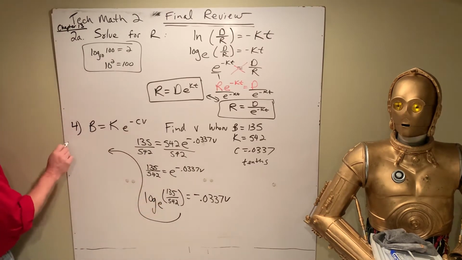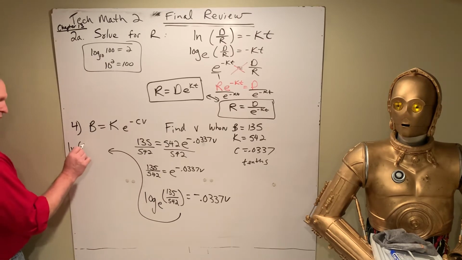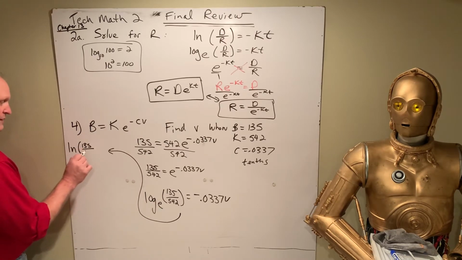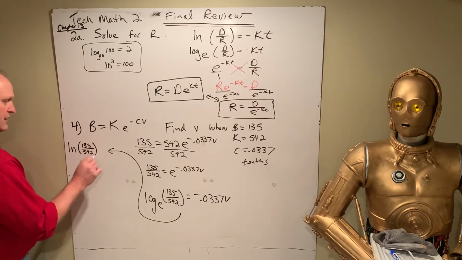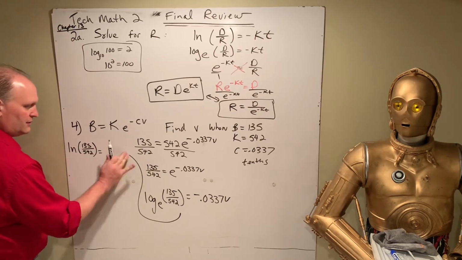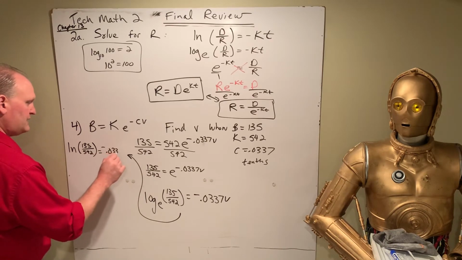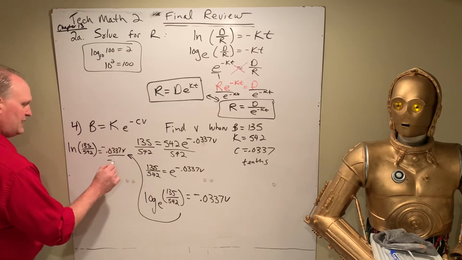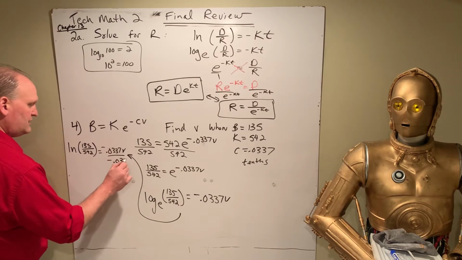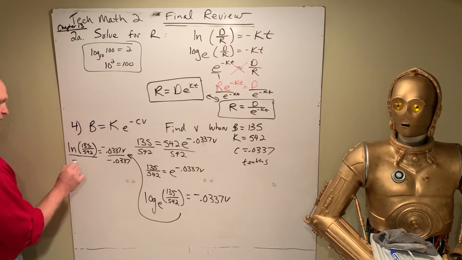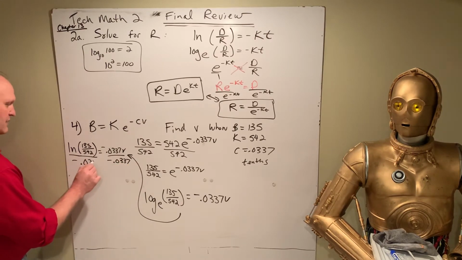And so now, I'll keep going up here. Log base e is ln on your calculator, so ln of 135 over 542 is equal to negative 0.0337V. And so divide by negative 0.0337, divide by negative 0.0337.